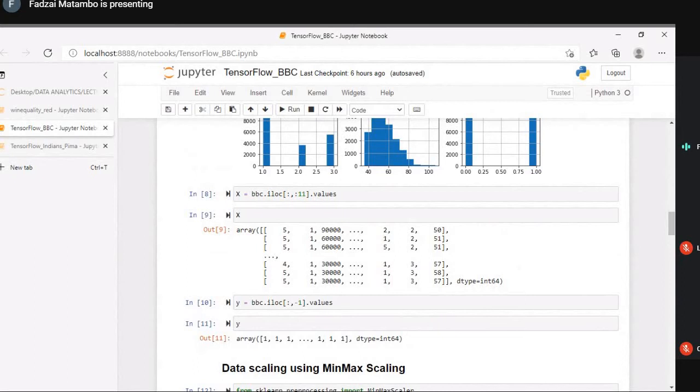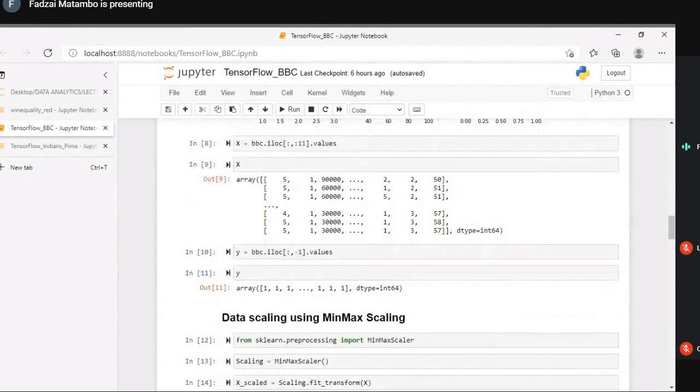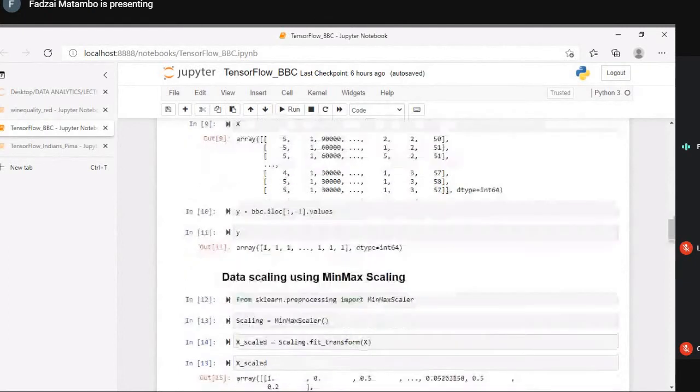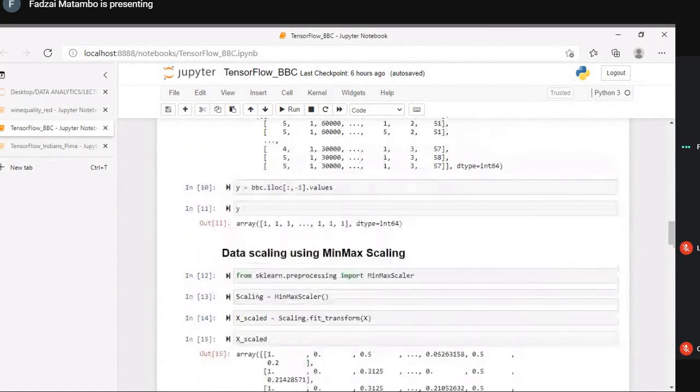We can see the 9,000, which is representing the annual income. And then my Y was the bike buyers. And then I had to scale my data using MinMax scaler, because you find that the annual income was too high, so it was going to distort the model.